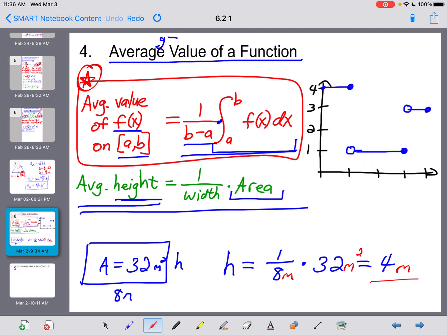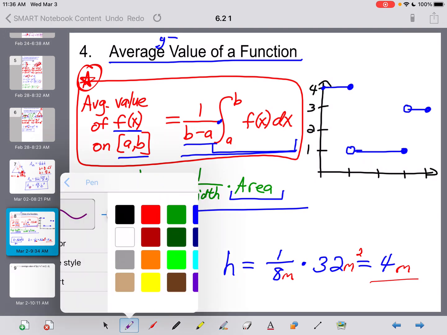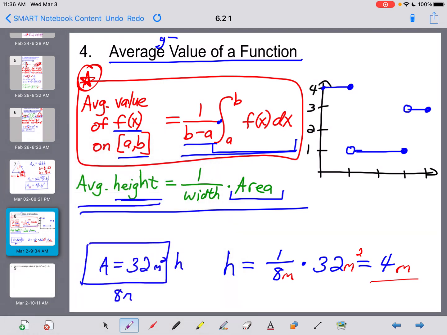So let's see if we can figure this out, and I think I'm going to do this in purple right underneath this problem. This isn't really the example that I wanted to do, but while I'm here, I might as well figure it out. So the average value of this function is going to be 1 over b minus a. Well, this region ends over here on the right at 4 and begins over here at 0.